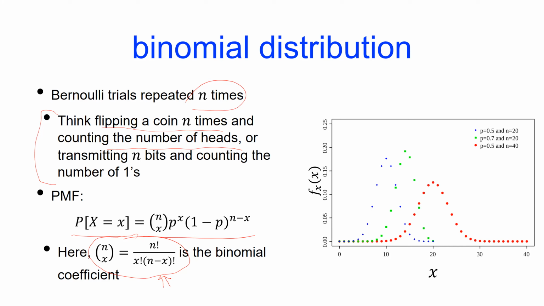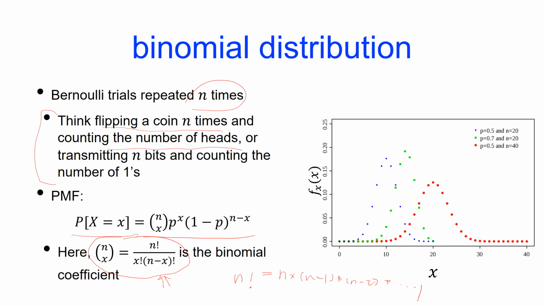The way to think about why this is equal to, first of all, the factorial, I hope everybody knows this, right? This is equal to n multiplied by n minus 1, multiplied by n minus 2, and so on until 1. I just try to refresh your memory about the factorial.